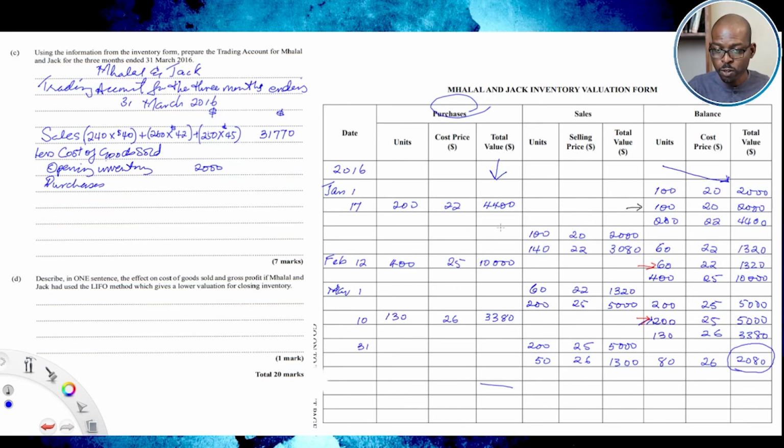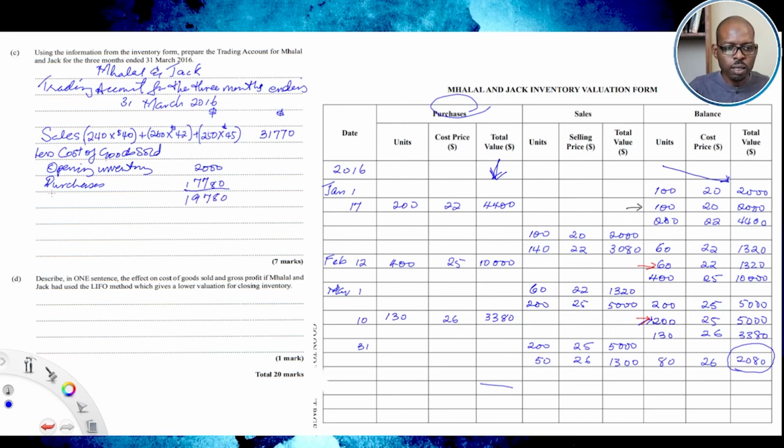That's 4,400 plus 10,000 plus 3,380. So the total we get from that is 17,780. Not bad. The information is calculated for us already. We just have to do one tiny little bit of calculation more, which is to add our total purchases in the total value column. So that's purchases. And then we add these two together. We get our cost of goods available for sale, which will be 19,780.